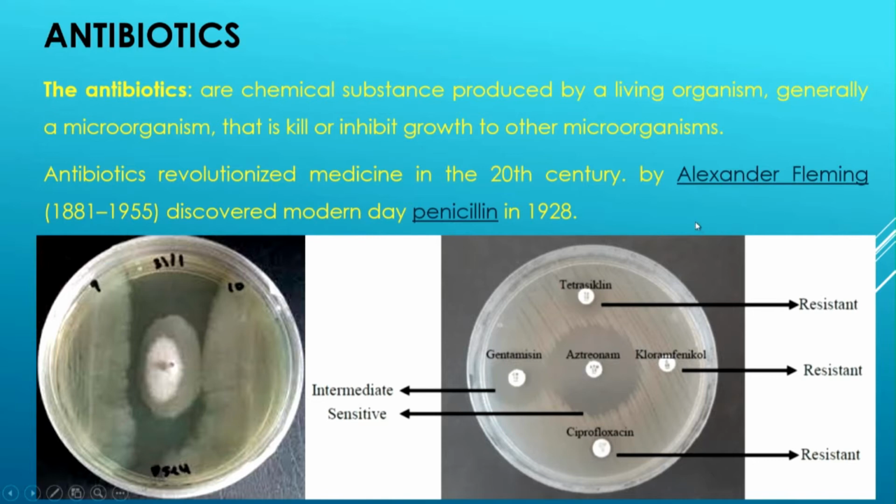This scientist discovered it by chance when studying pathogenic microorganisms, especially bacteria, on this disc. He noted this disc was contaminated with fungus and noted this clear zone. This means the fungus killed the pathogenic bacteria.